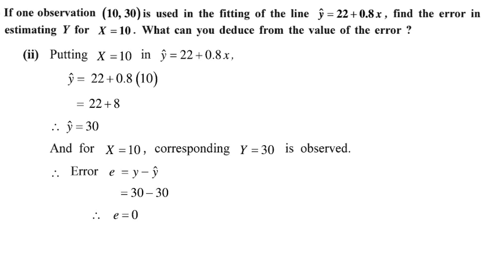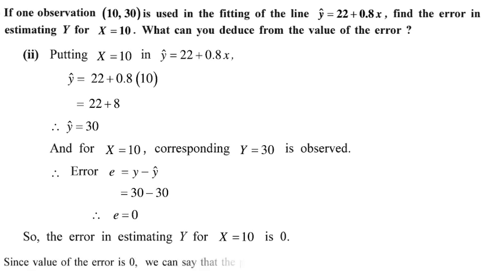Now if you recall the regression line which we drew in the very initial basis, we said that when the original value is on the line itself, the error is 0. If the original value is above the line, the error is positive, and when the original value is below the line, the error is negative. Right now the error in estimating y for x is equal to 10 is 0.